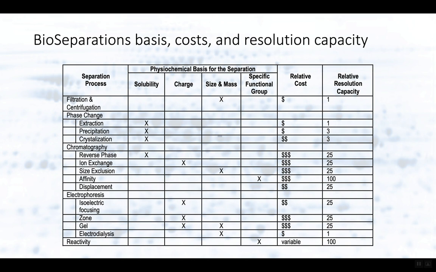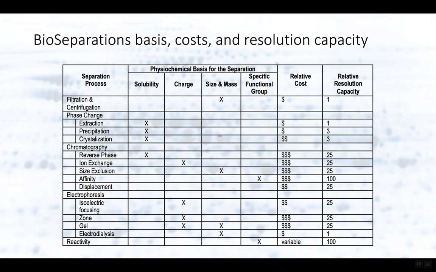Electrodialysis is a quick way to speed up dialysis. Again, it can be made continuous. It is relatively inexpensive. It just requires a dialysis membrane. And so in terms of all the electrophoretic processes, that's probably the cheapest.